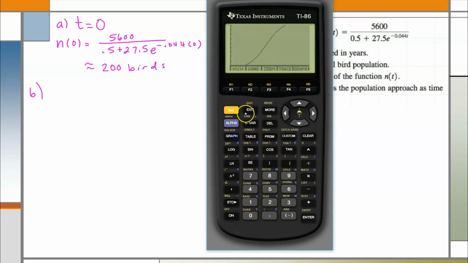So I think we're making progress slowly, but we're making progress. All right, then we'll go to 500, each tick mark worth 100. And then let's go to, say, 30,000, each tick mark worth 1,000. We'll hit graph.